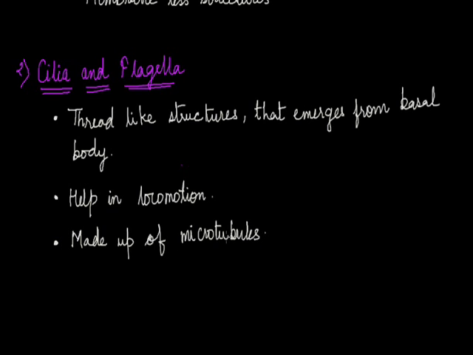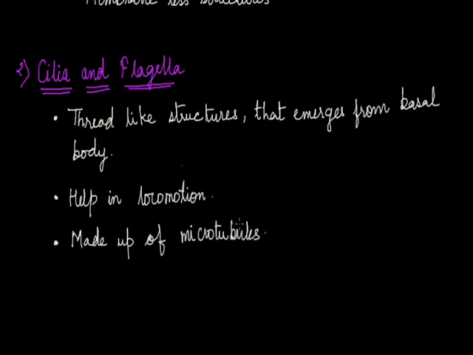The main difference between cilia and flagella is that the cilia are numerous and smaller structures present on the cell, whereas flagella are longer whip-like structures, and in a single cell their number can vary from 1 to few. So one difference is that cilia are numerous, whereas flagella are few in number, or they can be one in number, and cilia are smaller in size, whereas flagella are longer and whip-like structures.